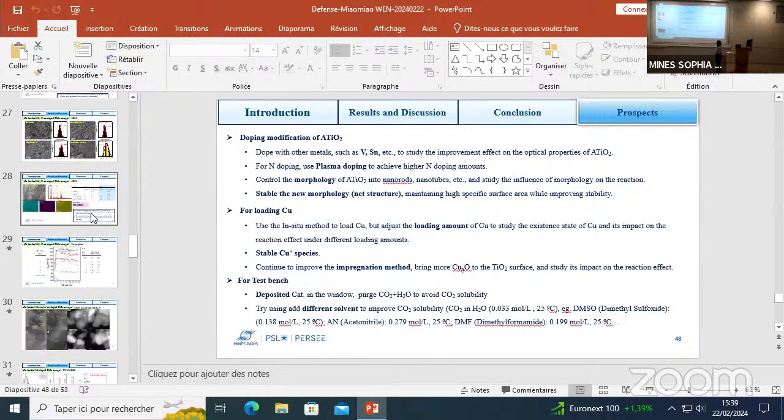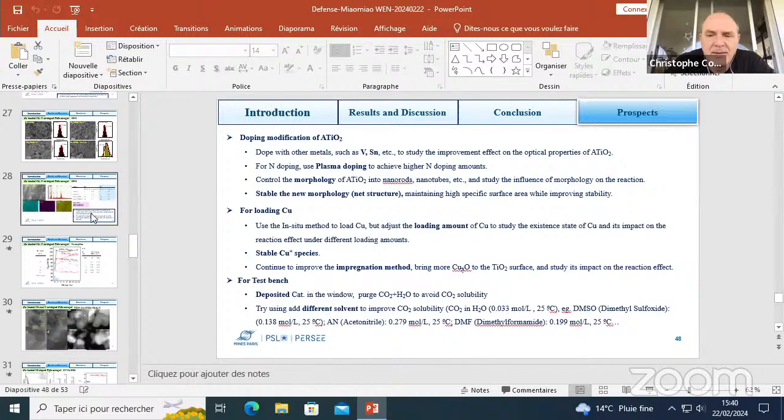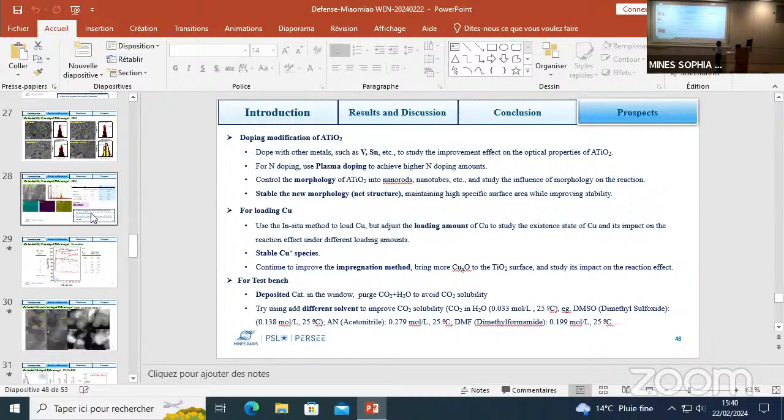But it's expensive and rare, so people always try to replace platinum with some non-expensive, non-noble metal. Copper is cheap and easy to obtain. Especially, copper has the ability to construct the copper-carbon bond and the copper-hydrogen bond. So when loading copper, it's easier to obtain the C2+ products. That means a greater chance to obtain more value-added products.